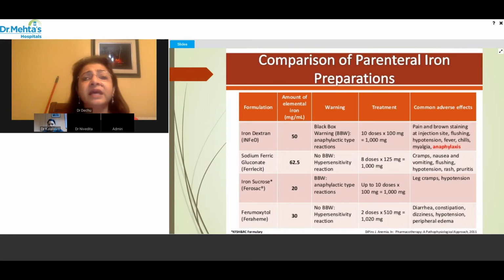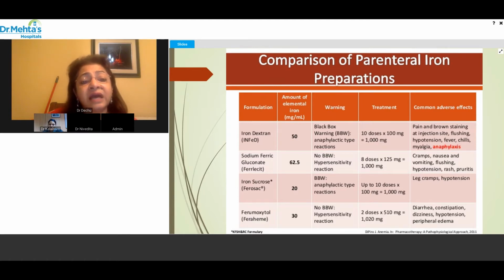This is a quick slide comparing the parenteral iron preparations. I think, when I was much younger, the iron that we used always was iron dextran. And we all remember the time when we used to give a test dose of iron and then give them iron, but being very, very careful, looking for hypertension and the risk for anaphylaxis.